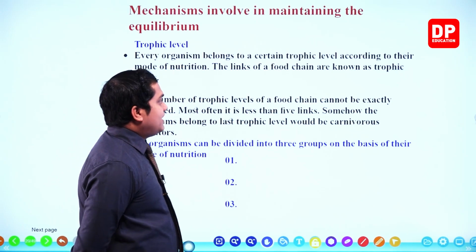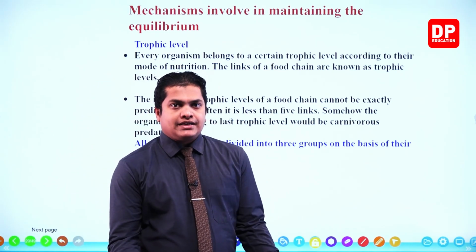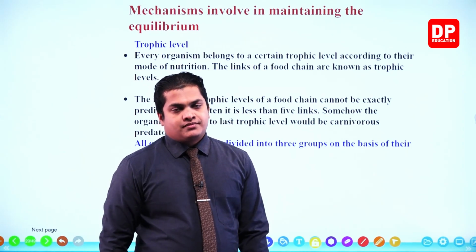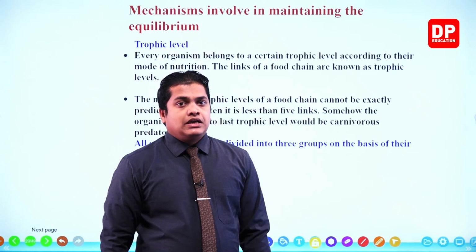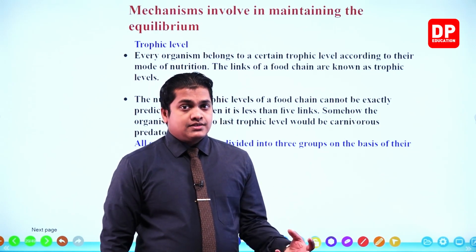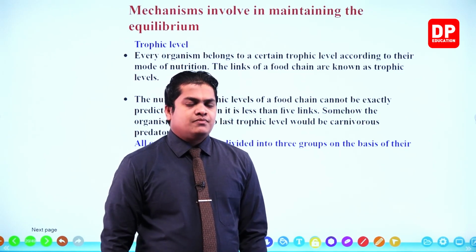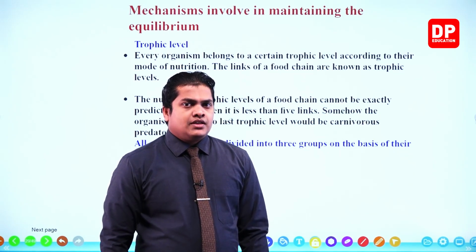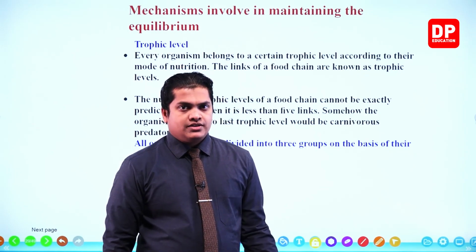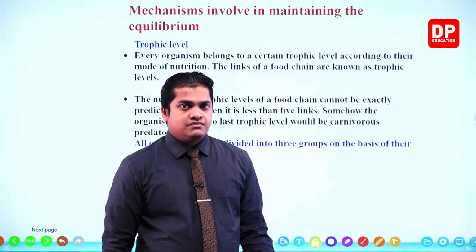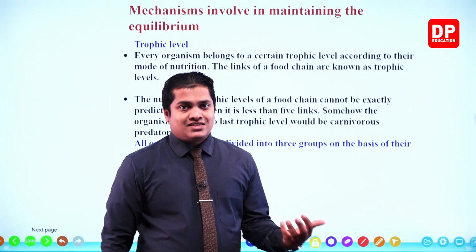We won't be able to predict the number of links or trophic levels in a food chain, because, my dear children, this can change according to the number and types of organisms.